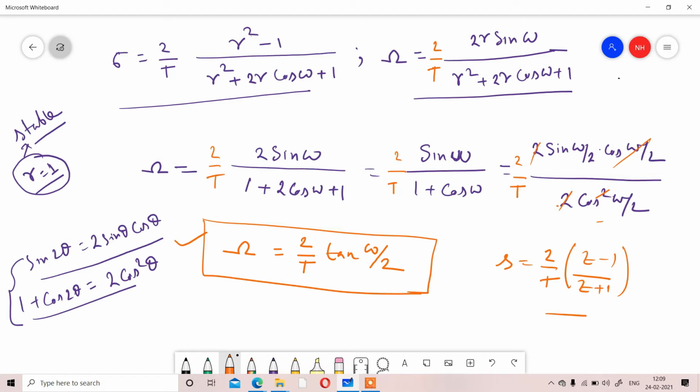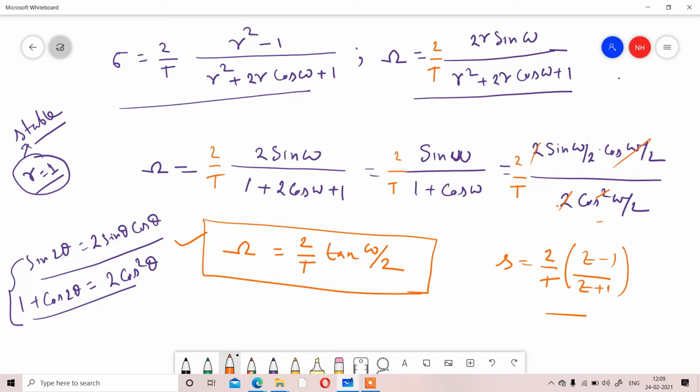So obviously you can understand that from the analog frequency, if we are able to calculate the digital frequency, the representation will be with respect to the digital frequency.